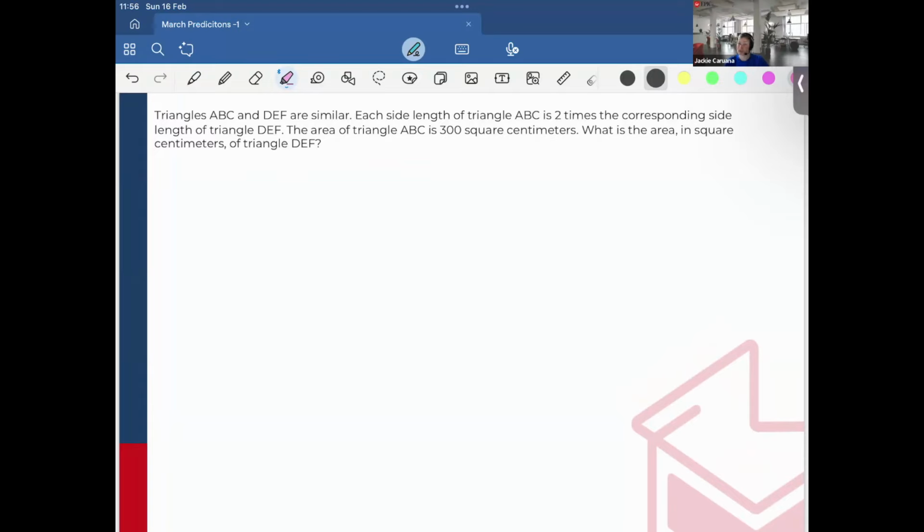This also goes back to knowing the scale factor, because remember, scale factor for areas: to determine it, I would square each side ratio. So in this case, I know the side of DEF over the side of ABC, and if I square it, this will tell me the ratio of their areas.